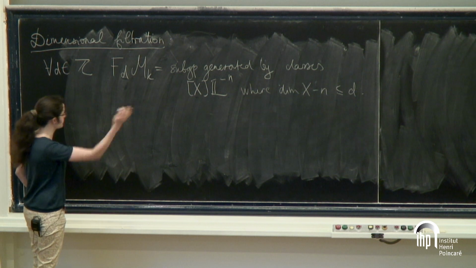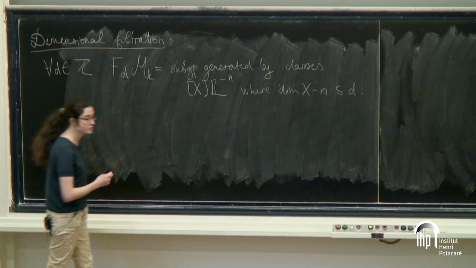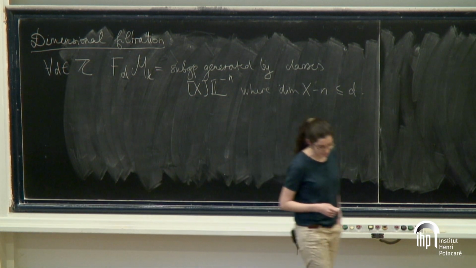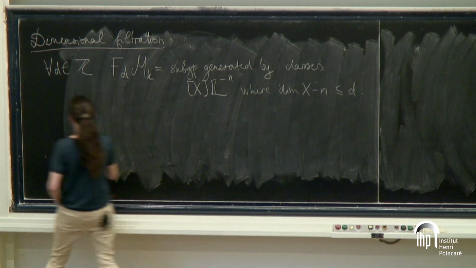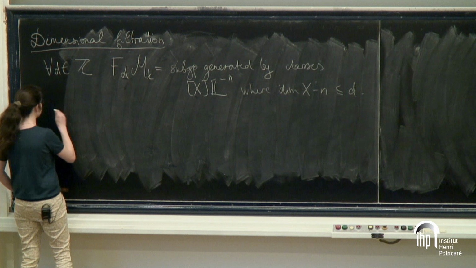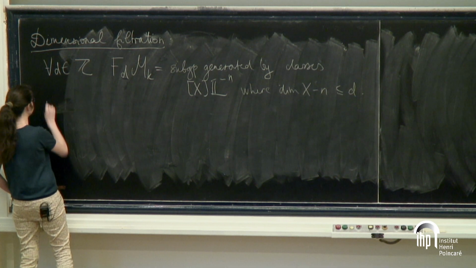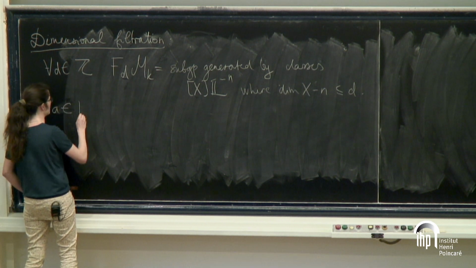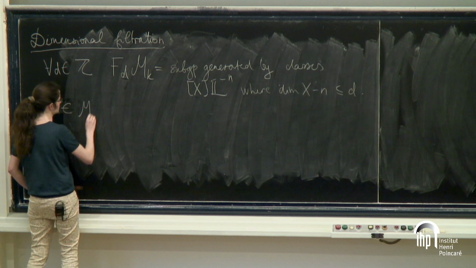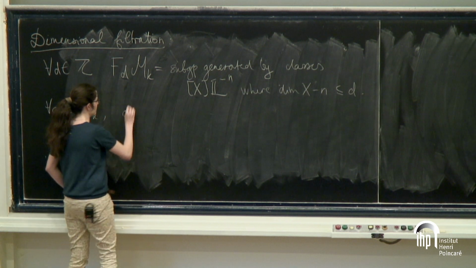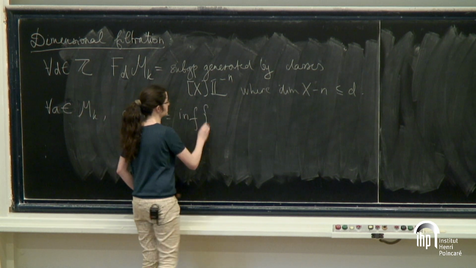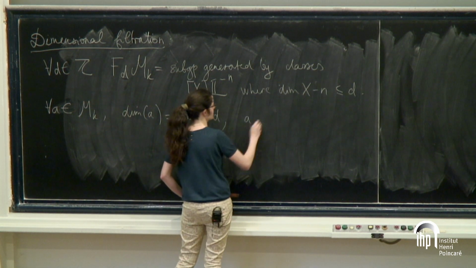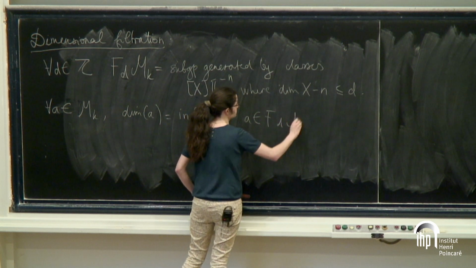Okay, so this gives us a filtration of the Grothendieck ring with L inverted, and using this we can define for every a in M_K the dimension of a as the smallest d such that a is in F_d.